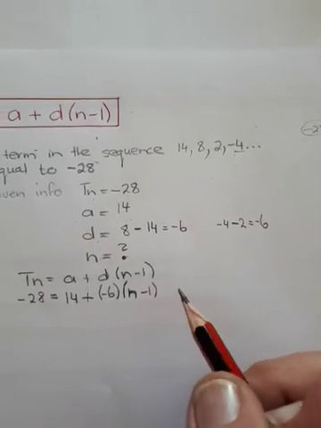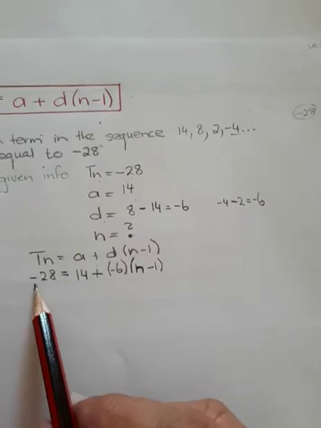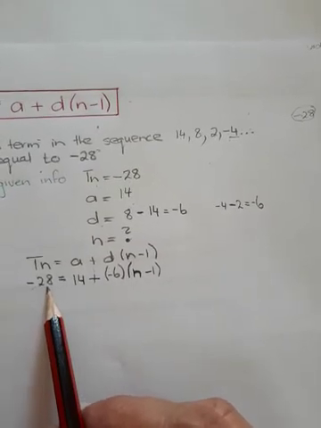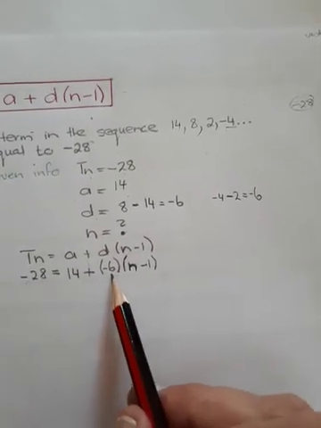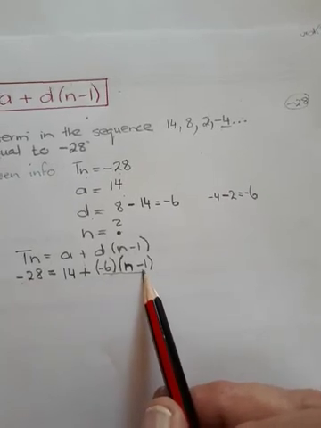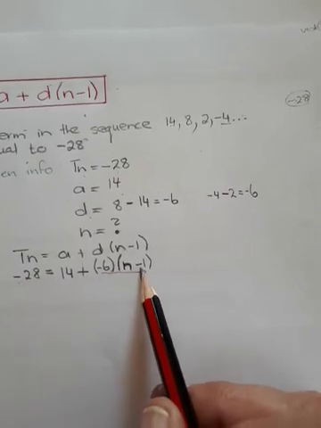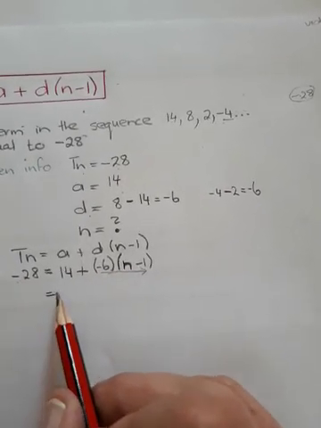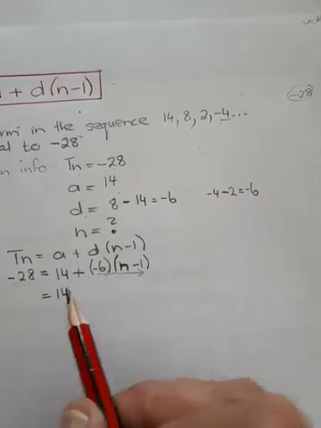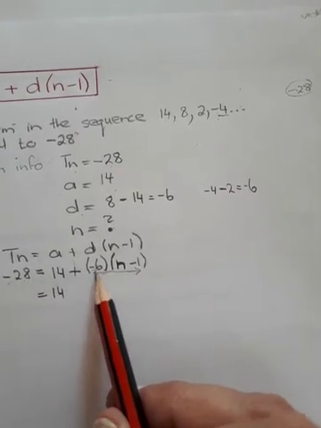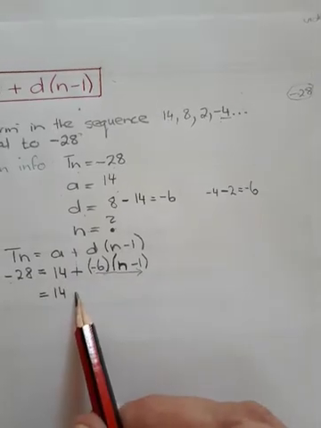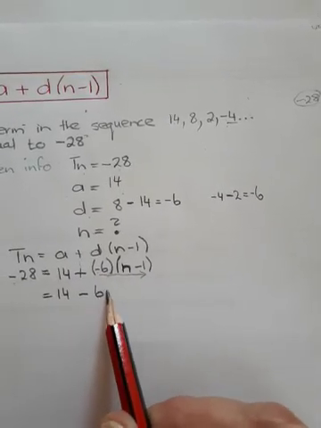Close your bracket. If you now look at the left, you've got negative 28. On the right-hand side, you're just simply going to apply BODMAS. So first you are going to calculate the bracket. We have the 14. Then we've got negative 6 times n, which gives me negative 6n.